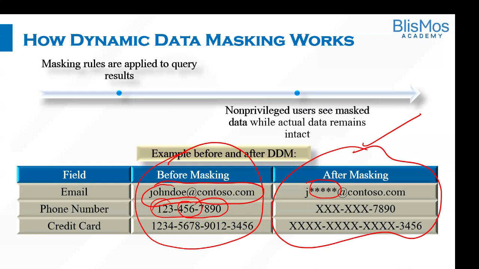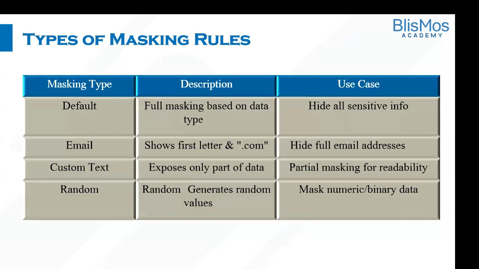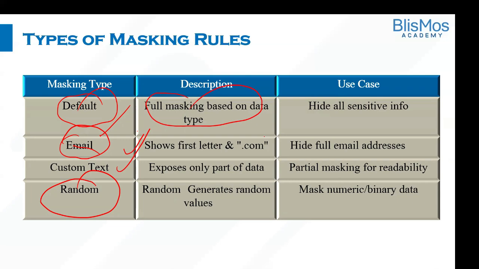There are so many aspects as a part of security, so there are different types of masking. There is something called default. Because email is very common, email is also listed as a masking rule, and there is also a custom text masking rule and a random text mask. Default means you are masking the full data and hiding everything, so whenever you want to hide everything, go for the full mask.